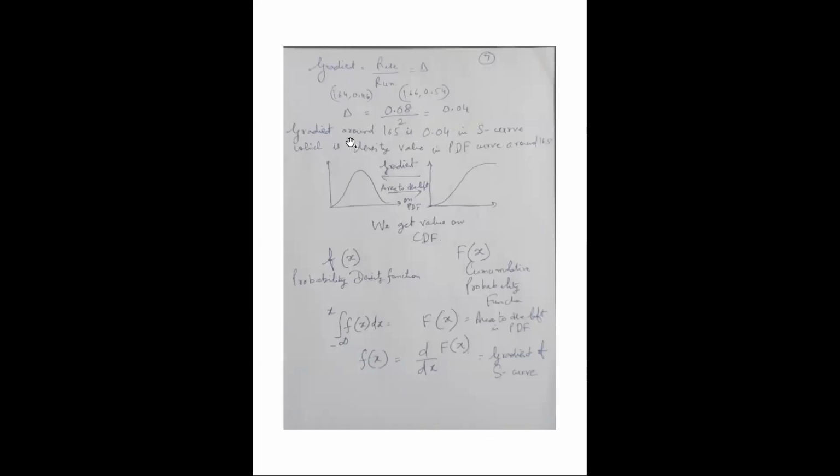So the gradient around 165 is 0.04 in the S curve, which is the density value in the PDF curve. Please remember that the gradient in the S curve is the density value in the PDF curve, around 165 centimeters.